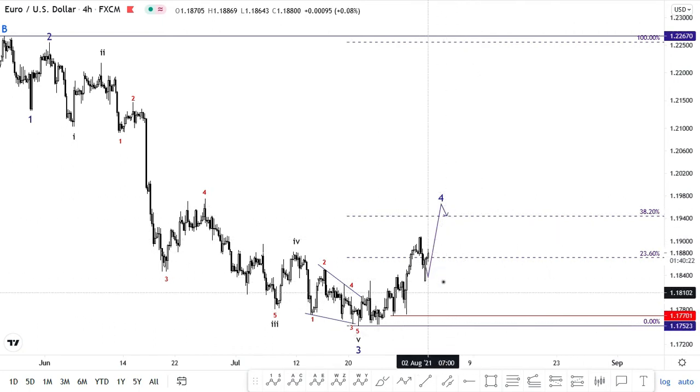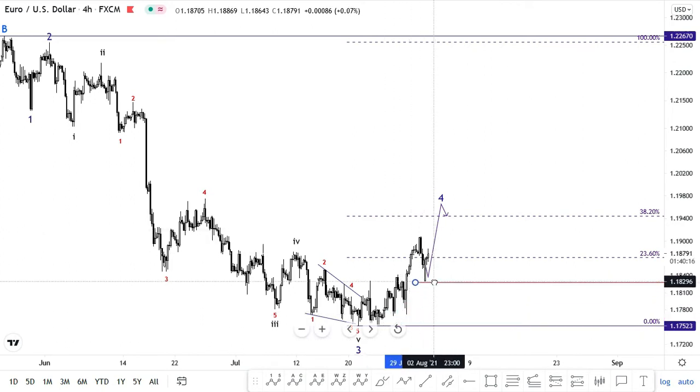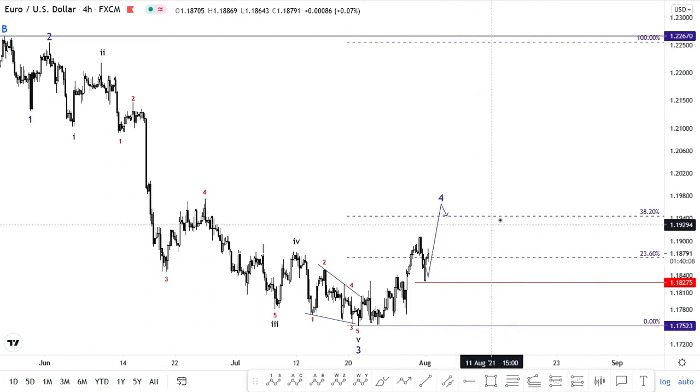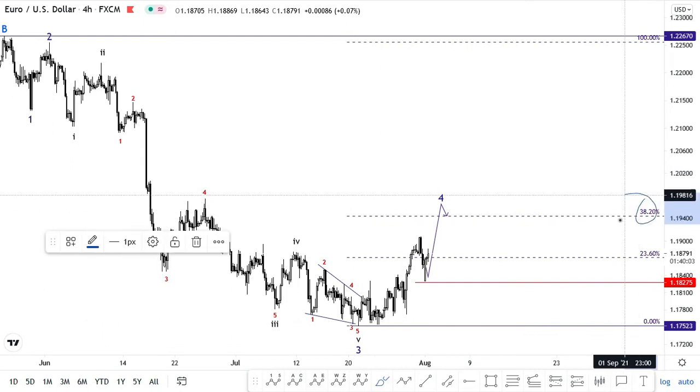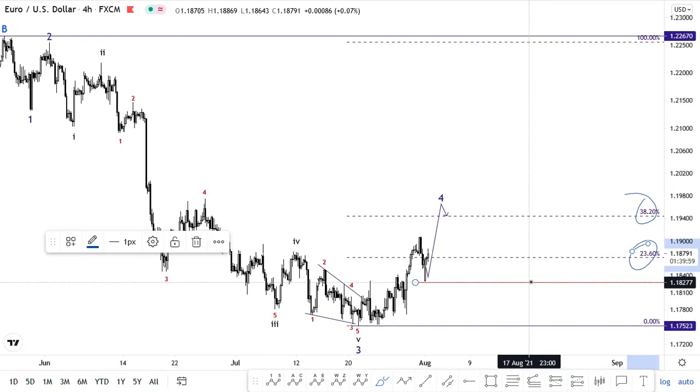We are currently holding this buy with our invalidation level from here, then we'll be shifting it to here and locking some profit, and from here we will wait to see how price reacts along the 38.2 level, as it has broken past the 23.6 level, which seems to have failed to hold.